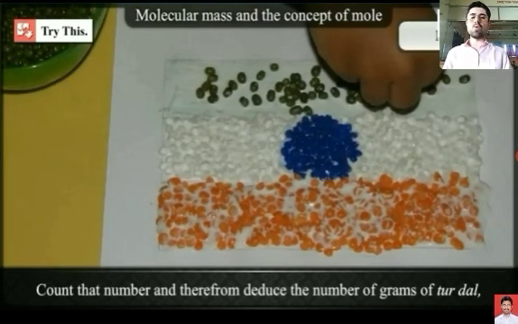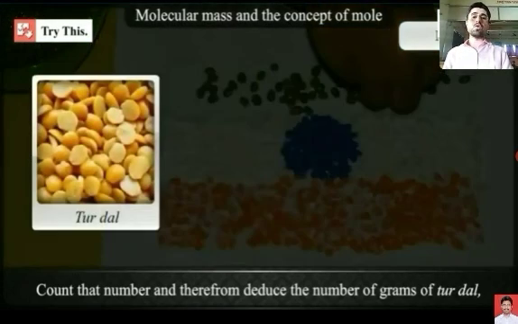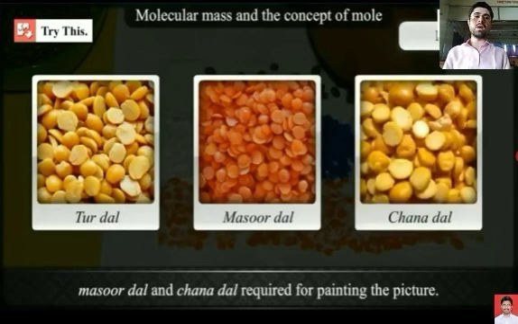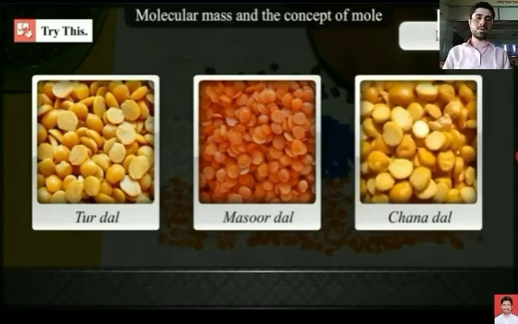Now we are going to count the number, and therefore we are going to deduce the number of grams of tur dal. In this approach we are using the same number of dal grains, and now we are going to calculate the weight of those same number of tur dal grains, masoor dal grains and chana dal grains.